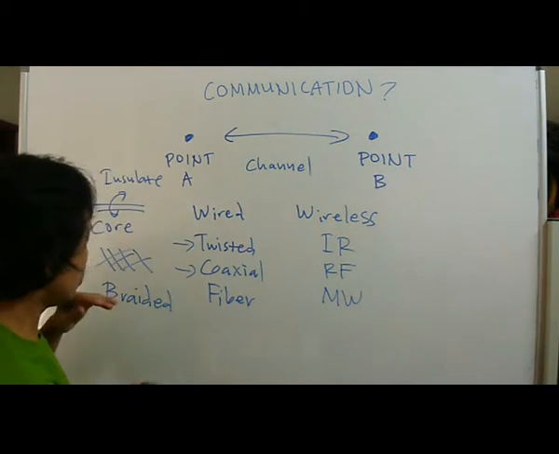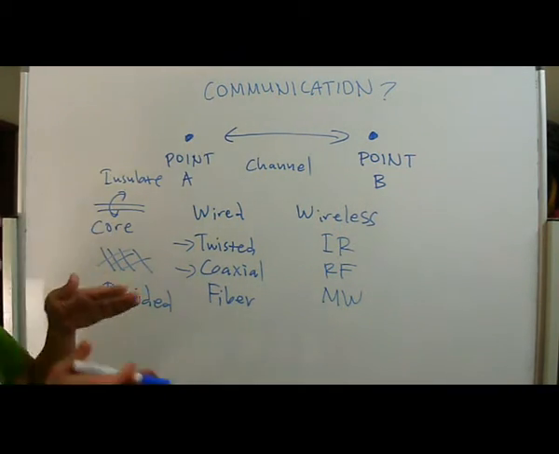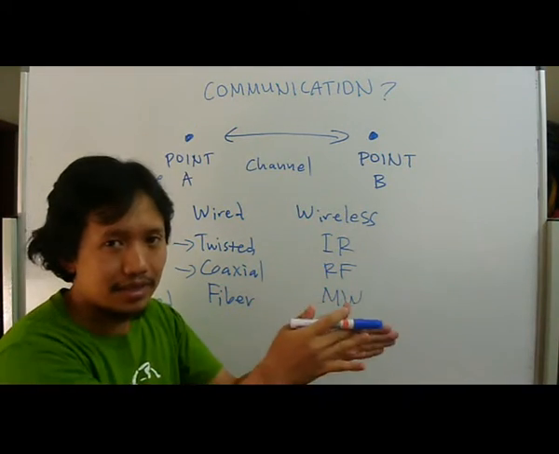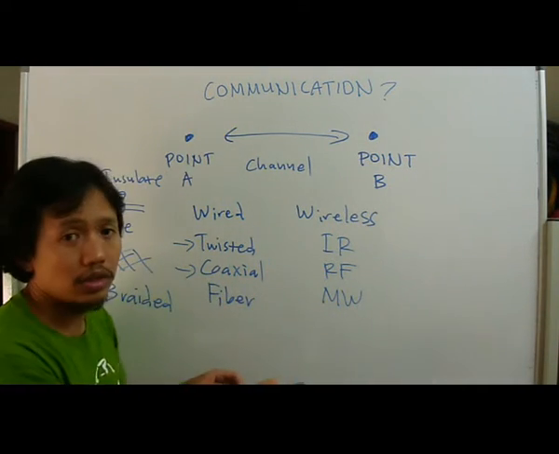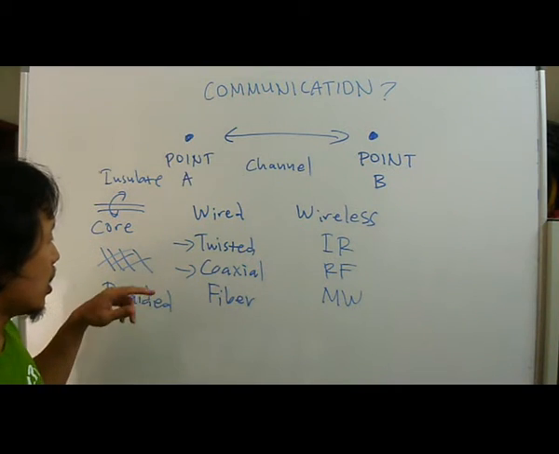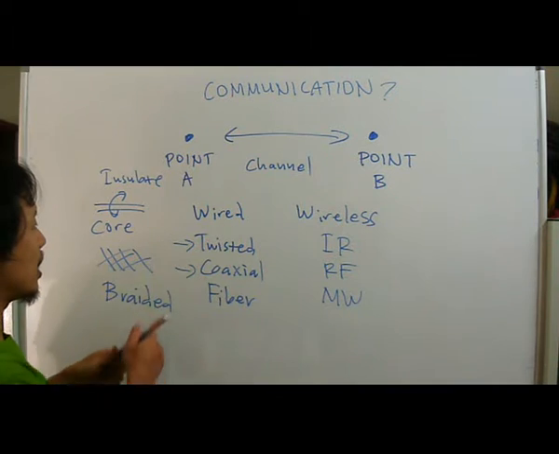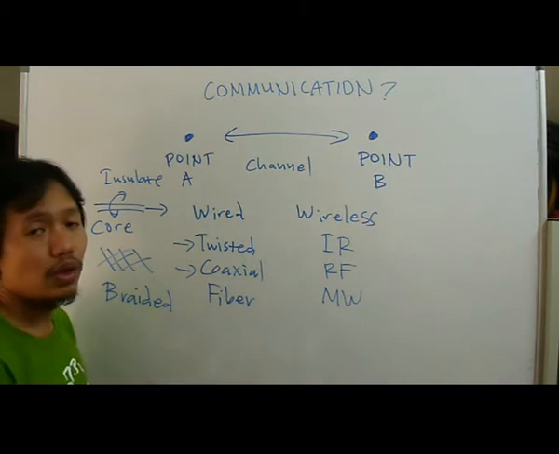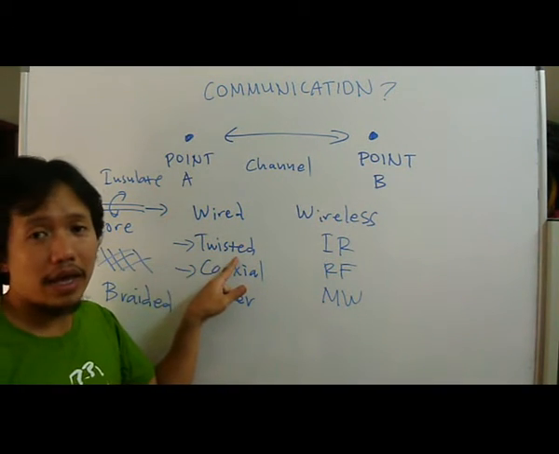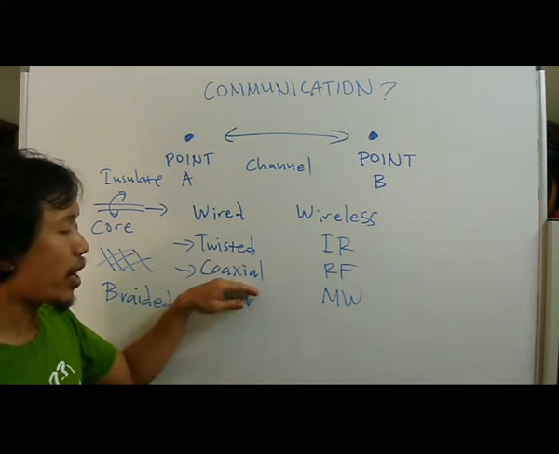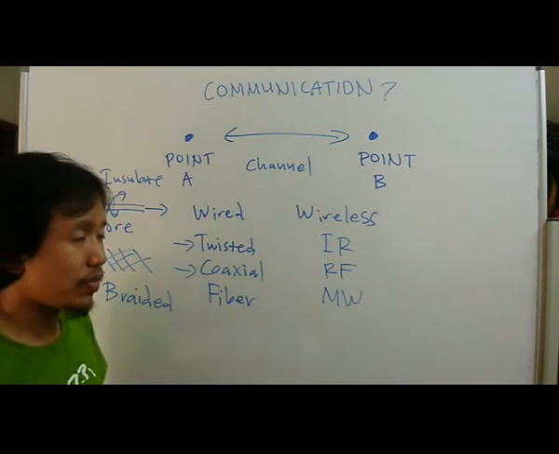Now, the braided wire as well as the core go on the same axis, so we call it coaxial, right? And using a coaxial cable, we can have much more data going through compared to twisted pair. But of course, coaxial would be more expensive, right?